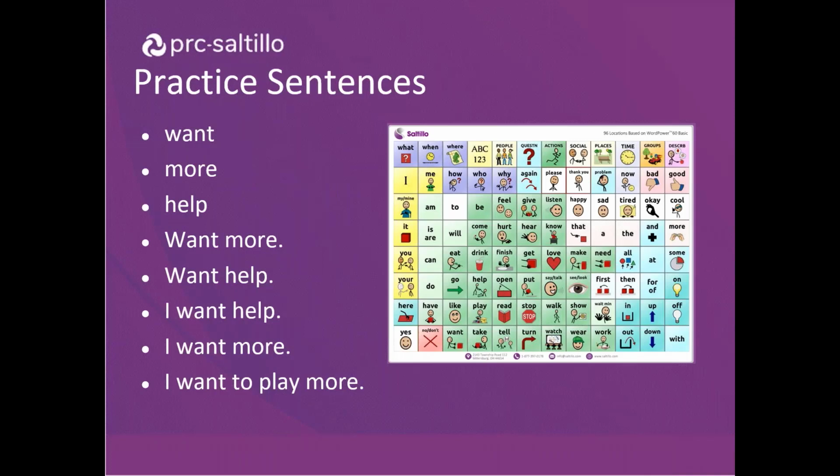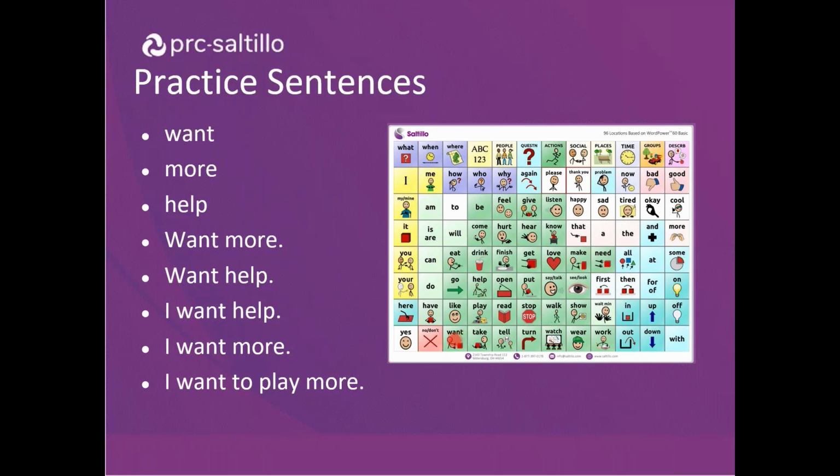So on your manual board that is in your tools, we can follow along and do the same words that we were doing on the Unity sequence. And so if I'm looking for want, it's down here on the bottom row. More is going to be over here on the side. Help is going to be kind of middle, lower left. And I can start combining as well.